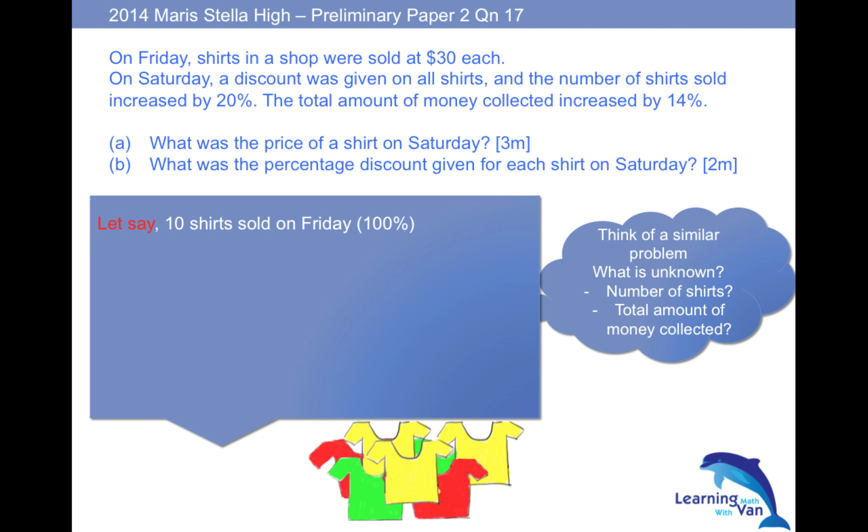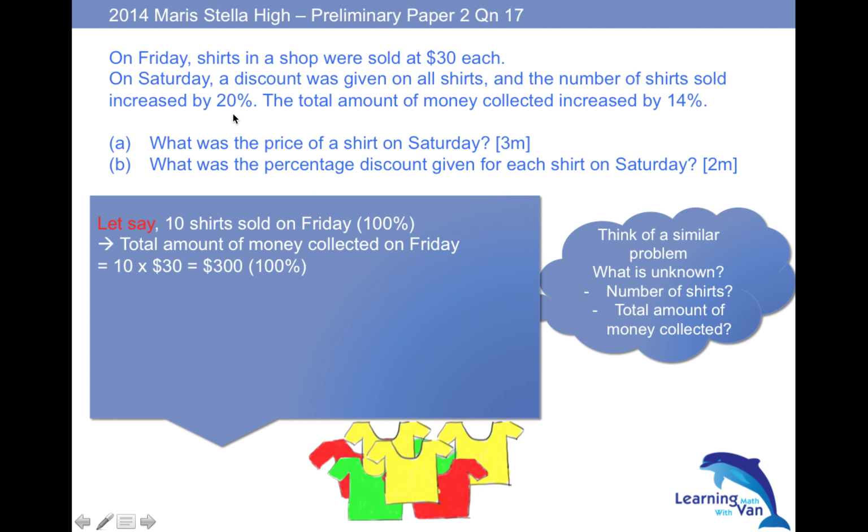Let's say hypothetically that 10 shirts were sold on Friday. So the total amount of money collected on Friday would be 10 times $30, which gives you $300. So on Saturday, what is the number of shirts sold? Well, the statement is that the number of shirts sold increased by 20%.